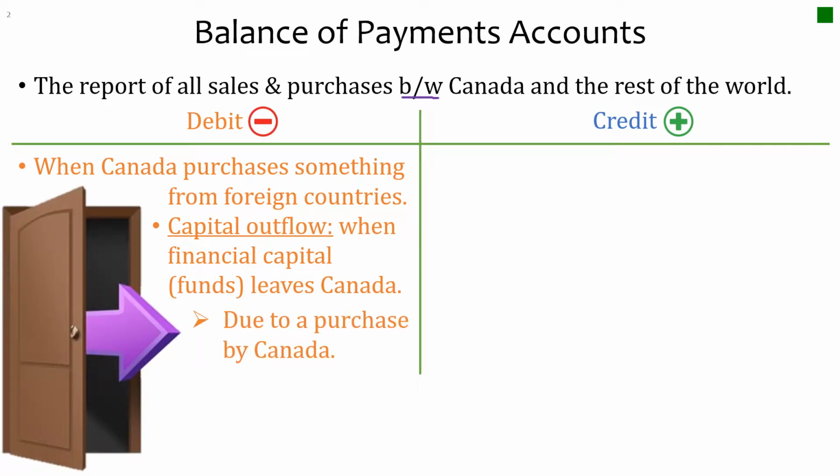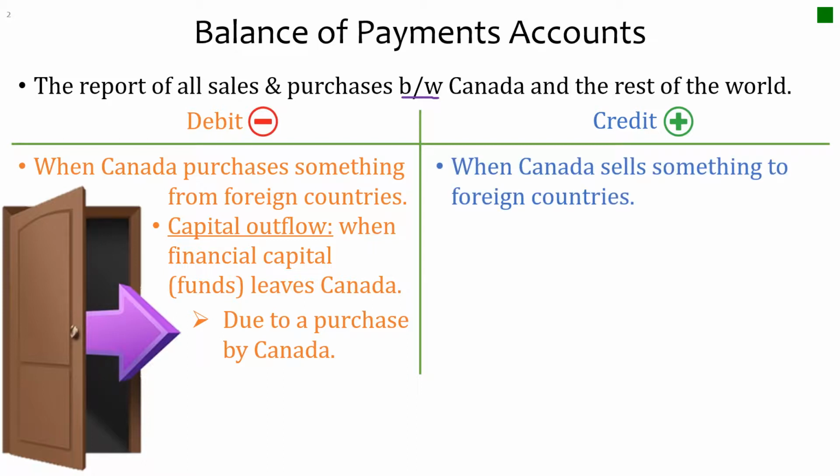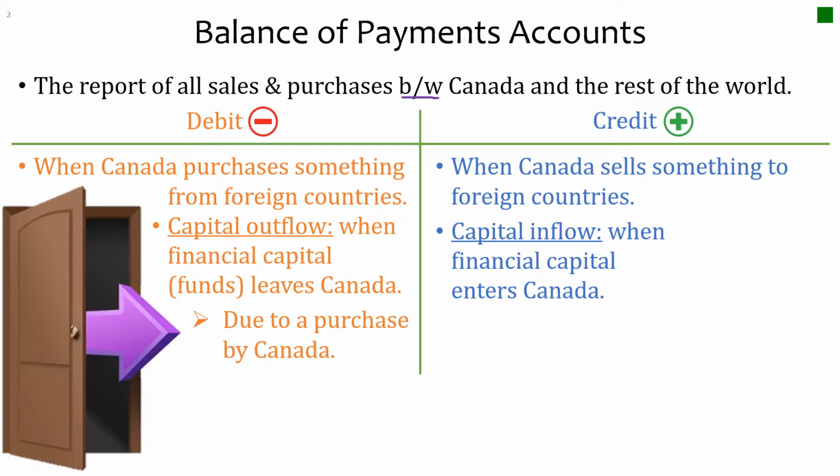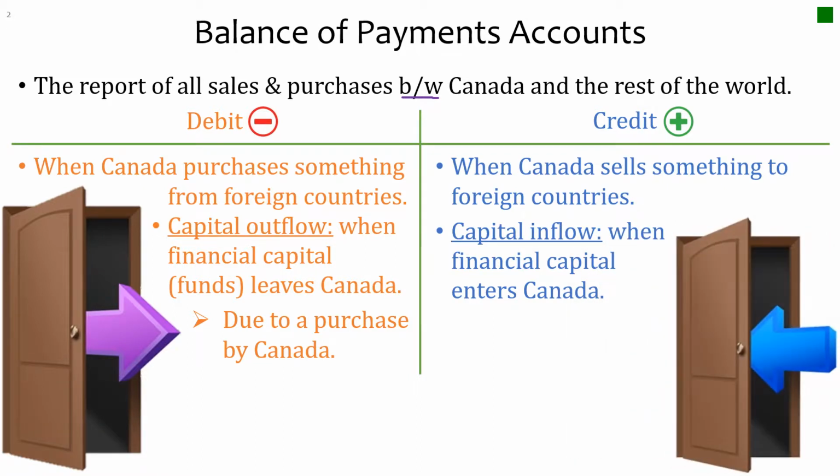All right, so that's due to a purchase by Canada from other countries. The opposite would be when Canada sells something to foreign countries, or capital inflow, which is when financial capital enters Canada. And that's due to a sale by Canada.